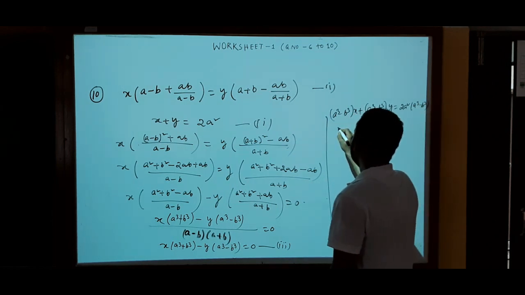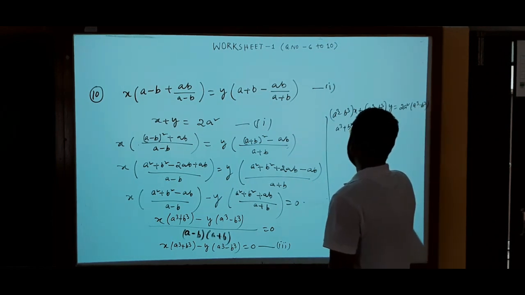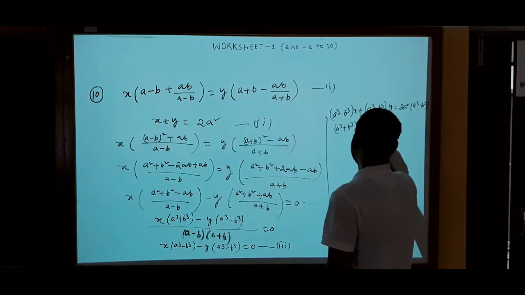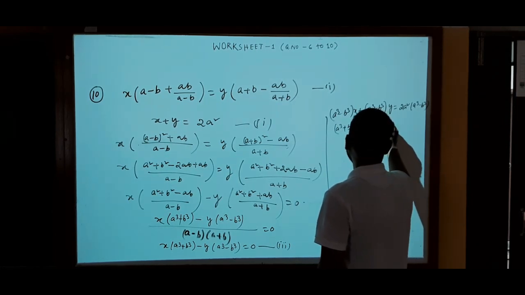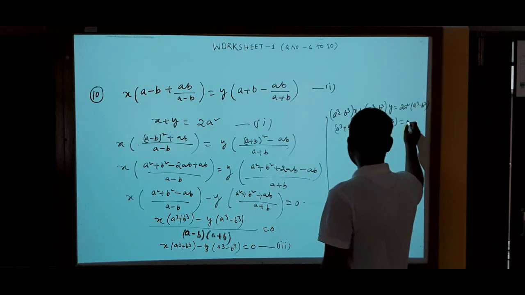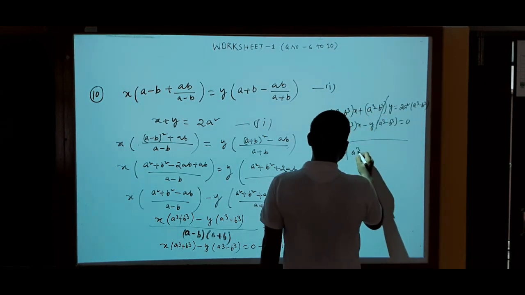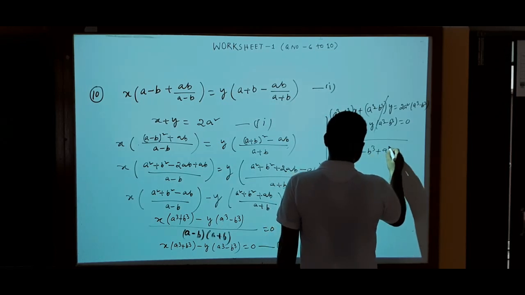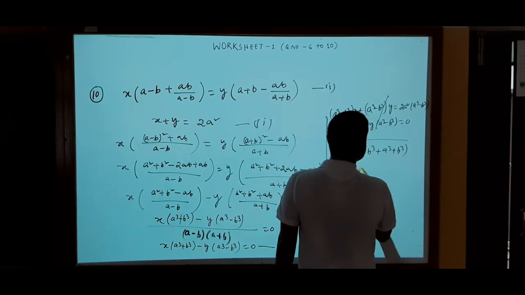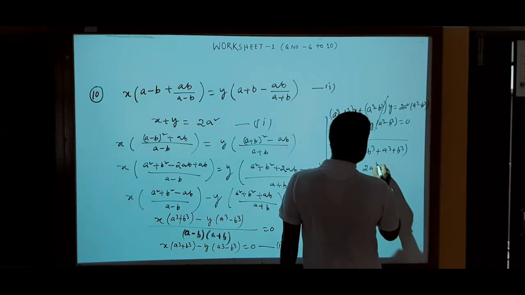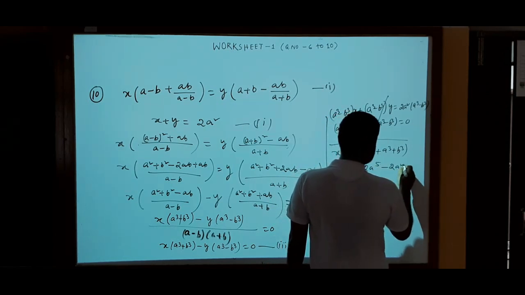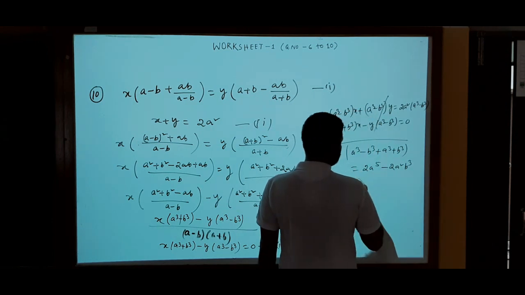Here it is a cube plus b cube x minus x and y into a cube minus b cube equal to 0. This is going to cancel, so x equal to a cube minus b cube plus a cube plus b cube equal to, we'll multiply it, 2a to the power 5 minus 2a square b cube.